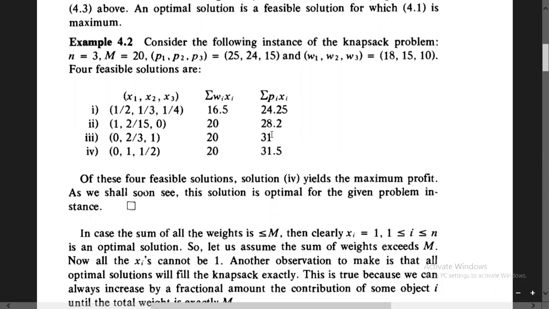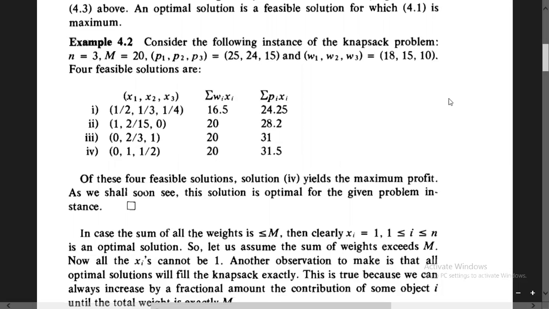So these are all the feasible solutions. Why are all feasible? Because all are satisfying the condition, that is m equal to 20. So in all these cases, the weight we have taken is less than or equal to m. Nowhere we have exceeded the maximum capacity 20. So out of all these feasible solutions, the last solution is the optimal solution.